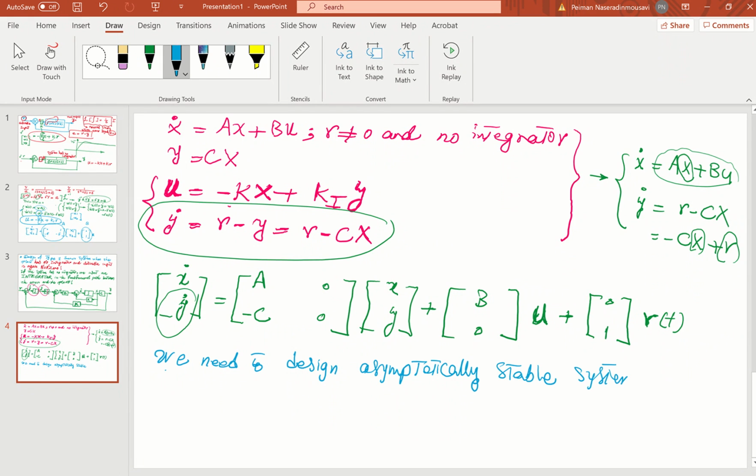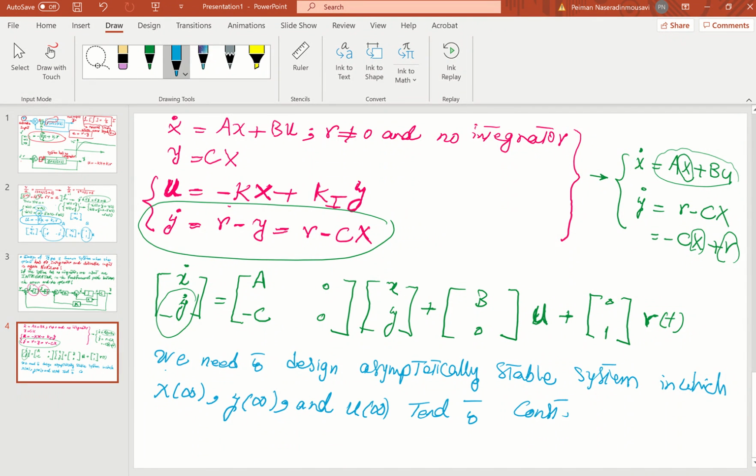I taught you briefly about asymptotic stability, in which x, zeta and u at time infinity tend to steady state, constant values.